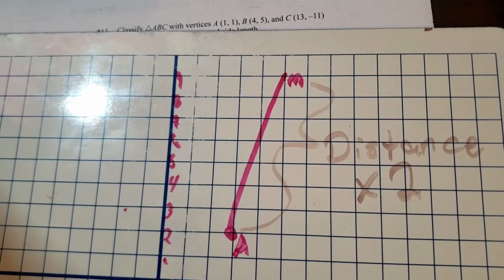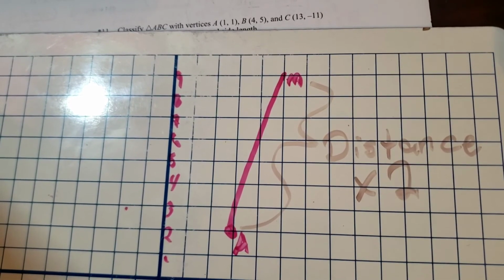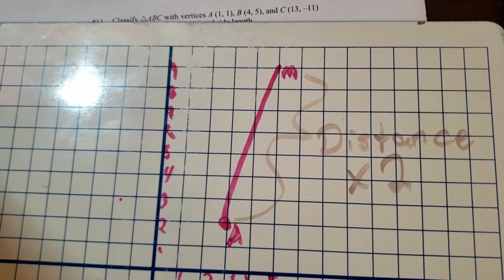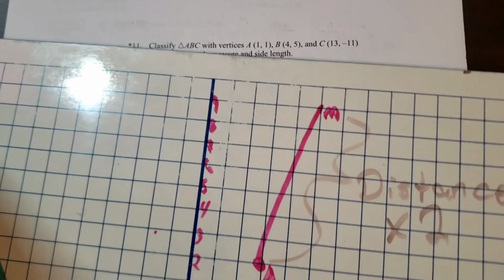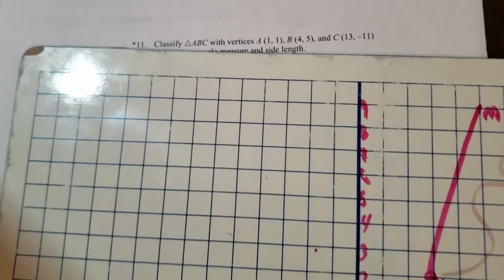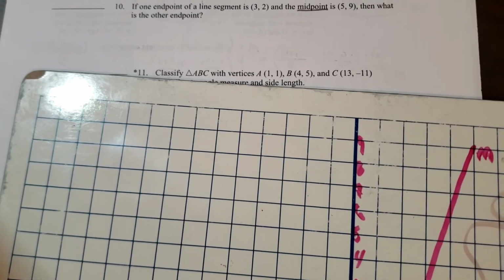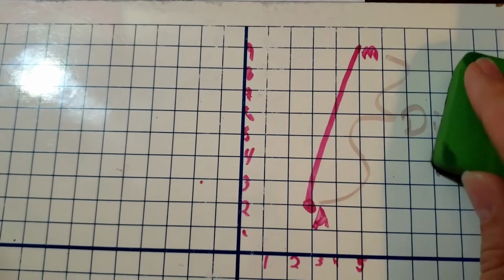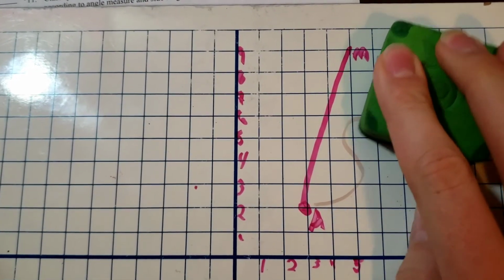Well, now it's not actually asking me for the total length. It's just asking me to find the other endpoint from the midpoint. So let's see if I could do some other fancy footwork. Maybe I don't need to do the distance.